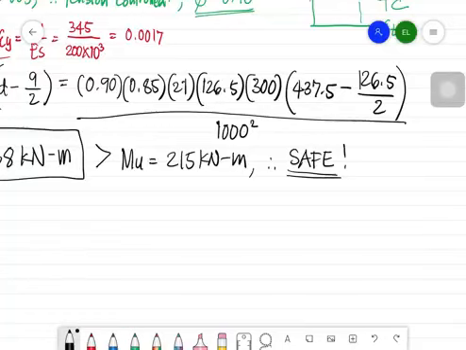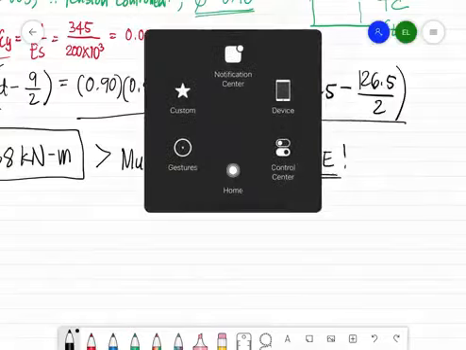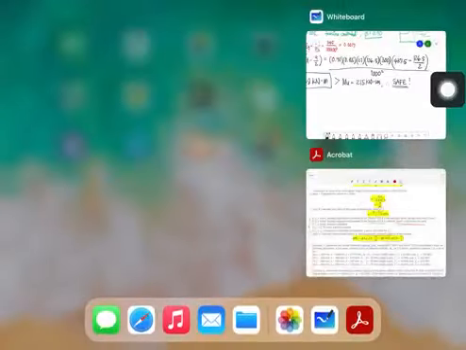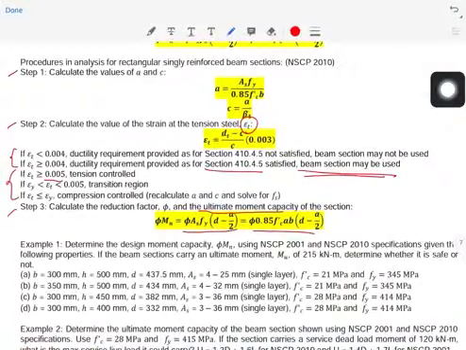That is greater than Mu, so that is safe with the given Mu. That is for our first problem, letter A.